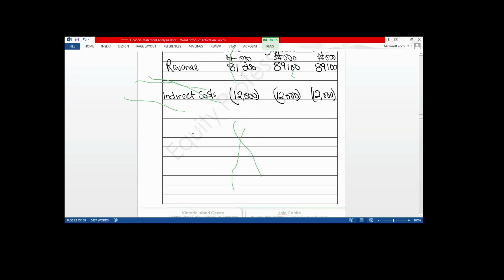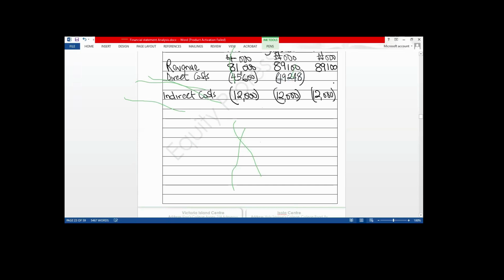Direct costs. This is 45,600 in 2017. Please increase by 8%. What do we have in 2018? 49,248.